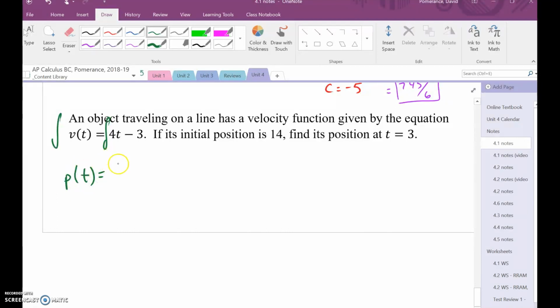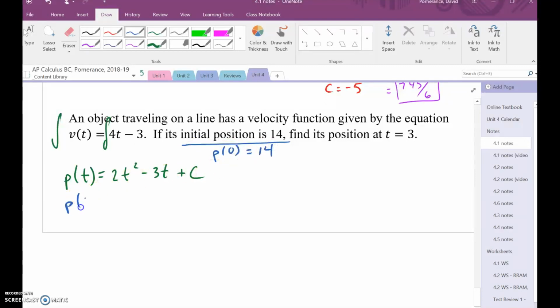The antiderivative of 4t dt is, well, we get t squared. We take our 4 divided by 2, we get 2. The minus 3 turns into minus 3t, and we still have that plus c. Our initial position is 14. Well, what does that mean? Initial position means that the position at the beginning, when t equals 0, is 14.